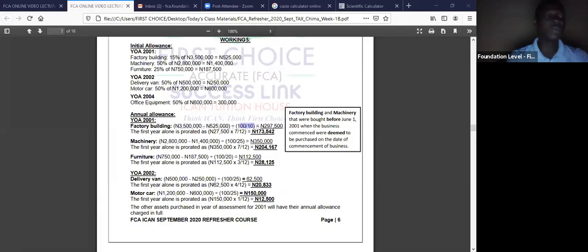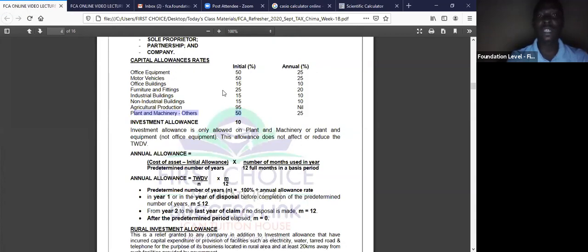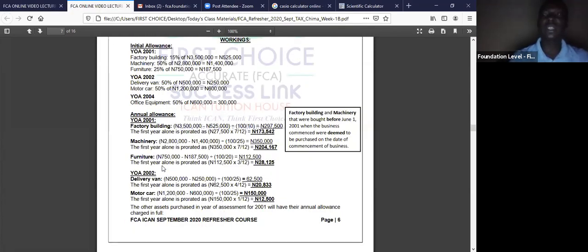So we said before, when we are talking about the number of years to use, I told you if there are 10% given as the annual allowance for furniture, factory building, as you can see it here, non-industrial building, annual allowance is 10%. Now it means that it's a straight line. You take 10%.